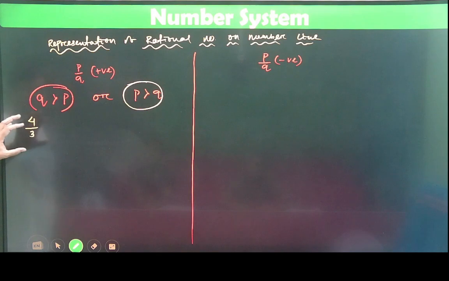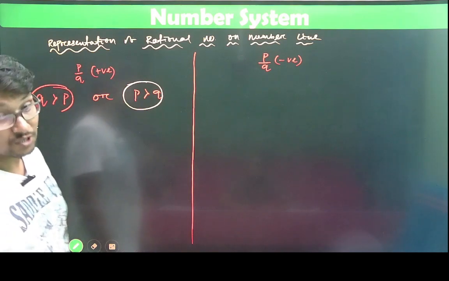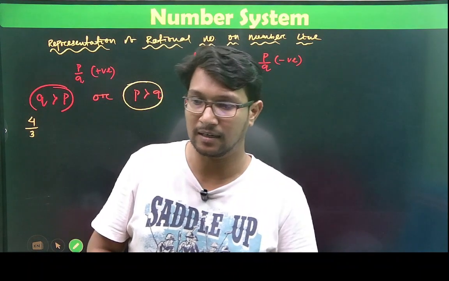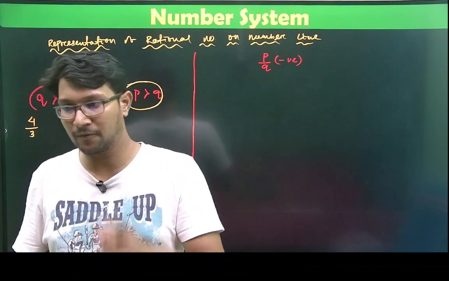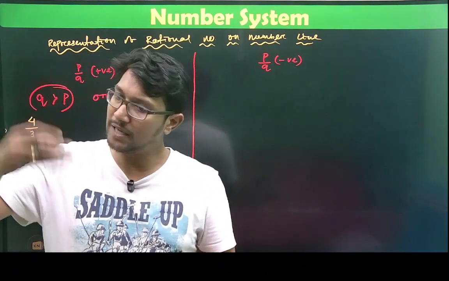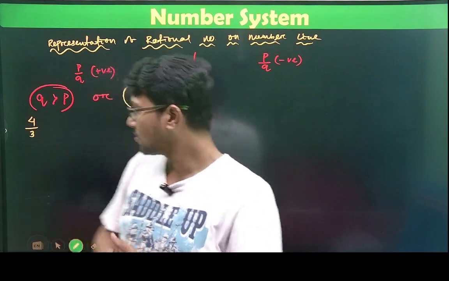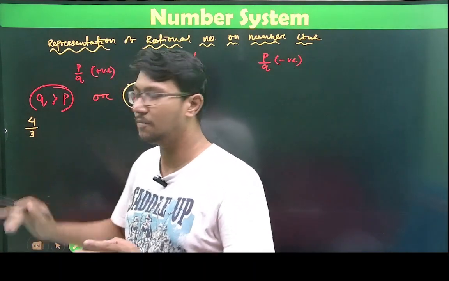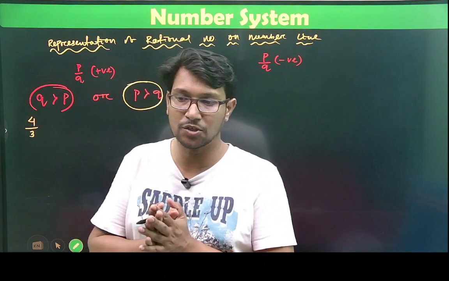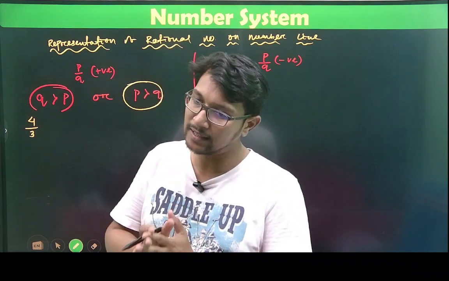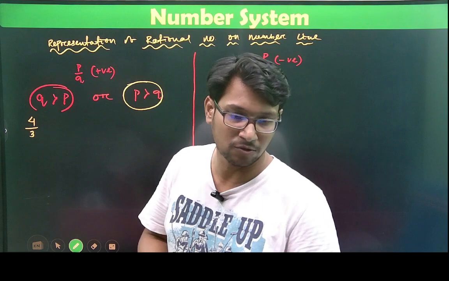First we have to find which interval it is coming between. Like every proper fraction, when P is less than Q, comes between 0 and 1, similarly we have to find which two numbers this comes between.